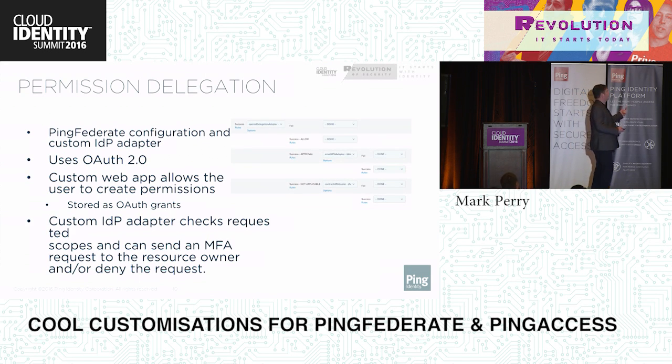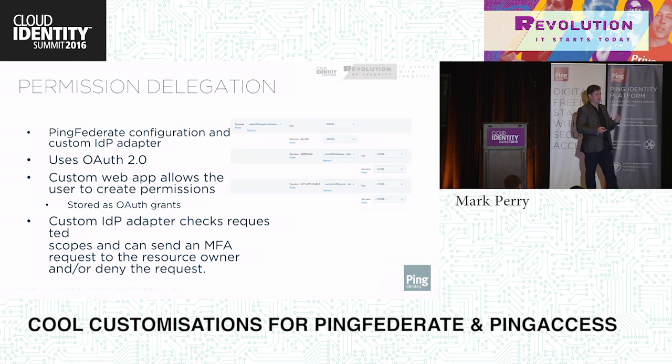So the way we built this was firstly using configuration and a custom IDP adapter in PingFederate such that it works with the OAuth 2 subsystem. We needed to build a custom web app that allows the user to create and manage their permissions. And that's something that we built in Grails.